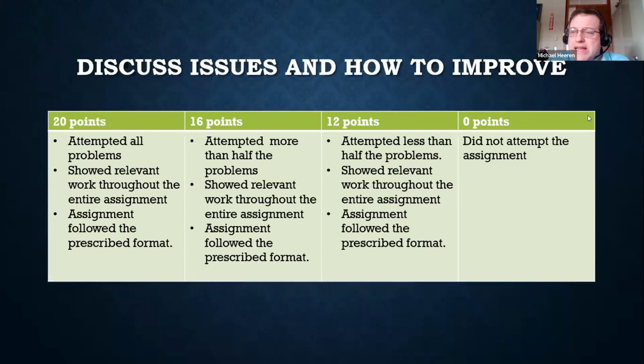Exactly. And Sarah says you may need to define what you mean by relevant work. If a student is in a math class, do they have to show every single step one at a time, or can you skip some steps? So there has to be some clarity as to what relevant work is for people to be able to evaluate this correctly.